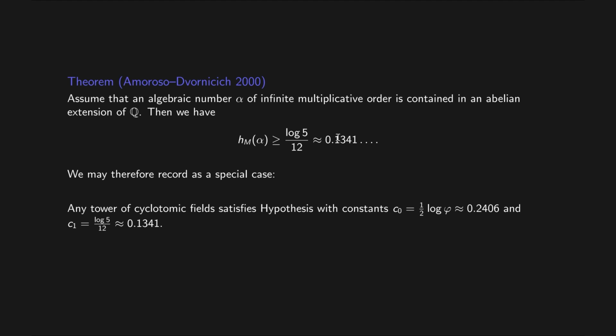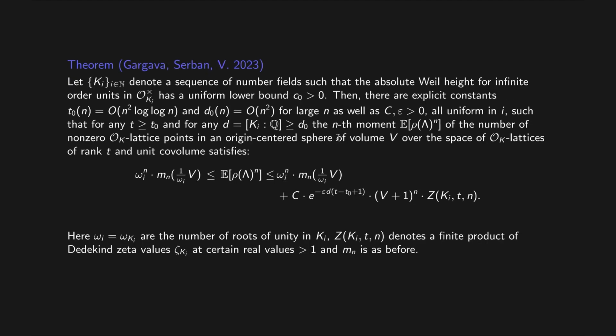And so the result we have proven together with Mihir Gargava and Vlad Serban is that if we have a sequence of number fields which satisfy the Bogomolov property for a certain constant, then we can show that the nth moments for the number of points in a ball will be close to those of the Poisson distribution.